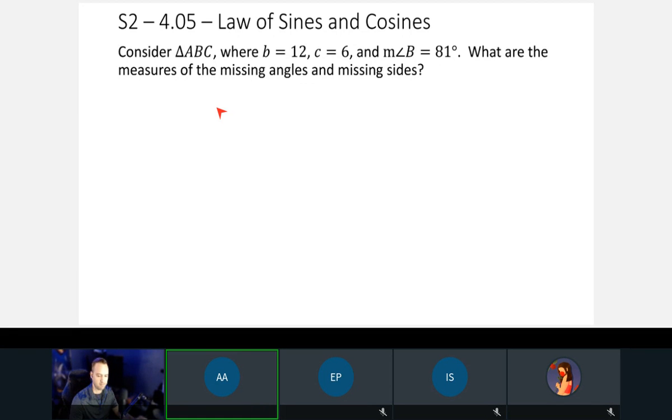This is not a right triangle, correct? This is not a right triangle. No. Well, I guess it could be, but highly doubtful. There's different ways to approach this problem in terms of how you find the sides and the angles. So let's see how we can get on this problem in 3 minutes.